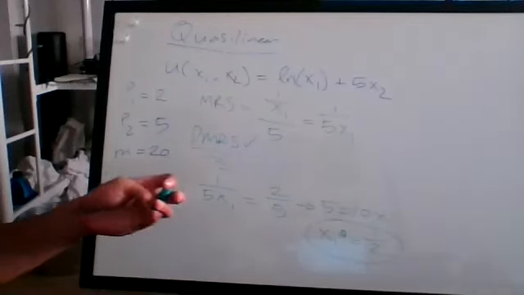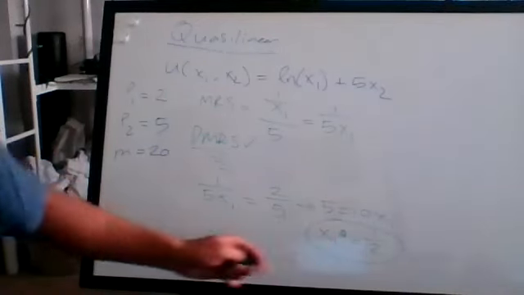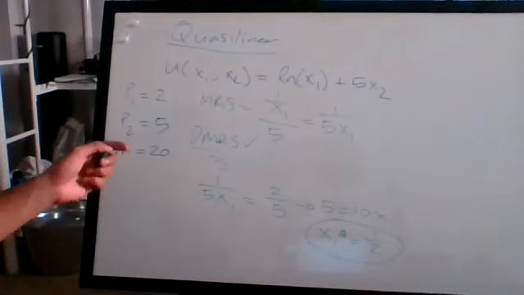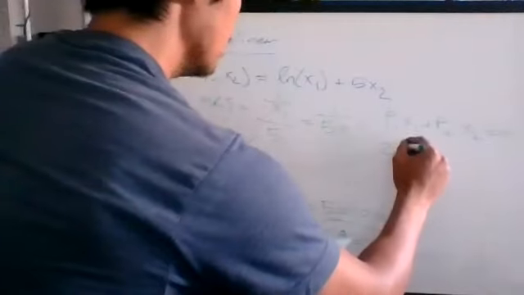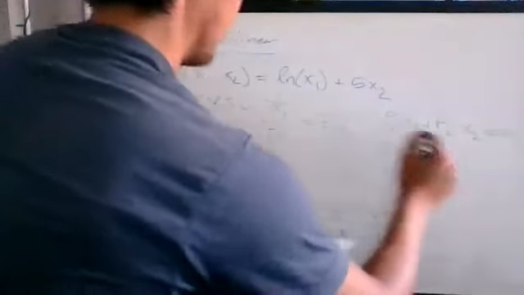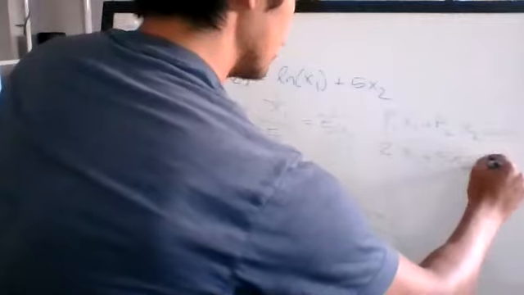And this is the optimal amount of x1 that we're going to have already. And so there's no need to do anything else with x1. The only thing that we're now going to be looking forward to is how much x2 are we going to need. And so from here, I have my budget constraint, P1 x1 plus P2 x2 is equal to m, right? If I start to plug in numbers, I get 2 x1 plus 5 x2 is equal to 20. x1 is just equal to 1/2.